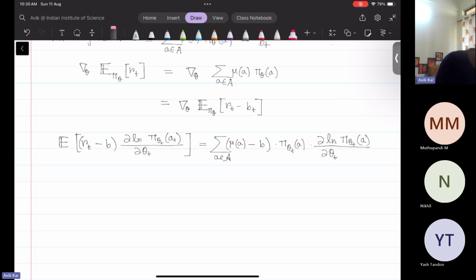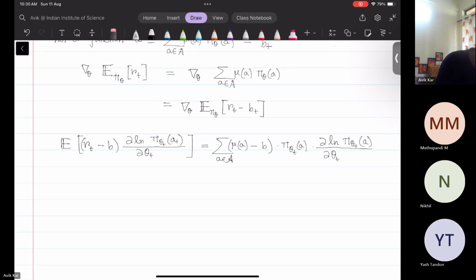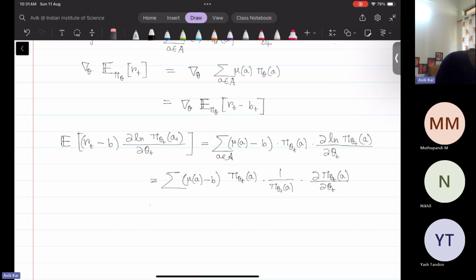So this pi theta will come down, right? Pi theta t of A, and this one you can write as 1 by pi theta t of A. Am I right?